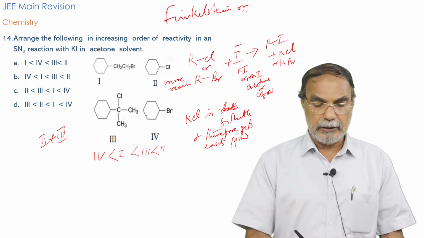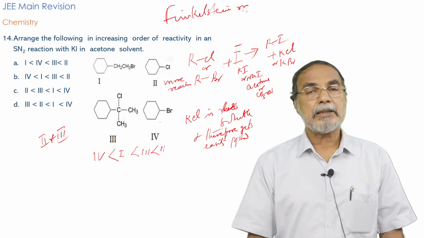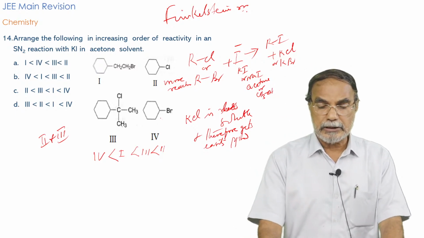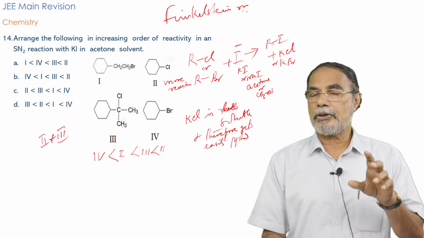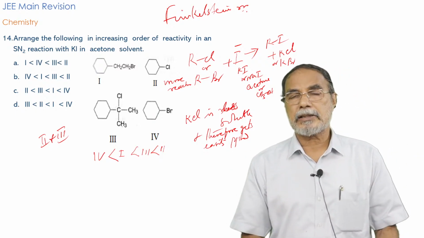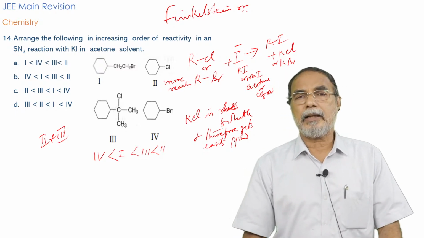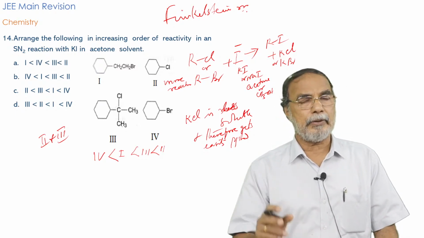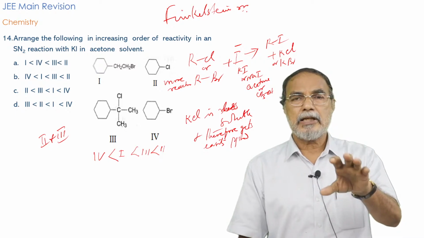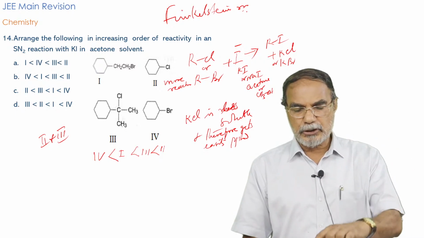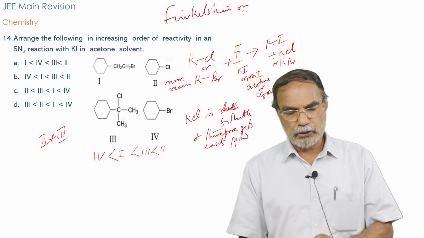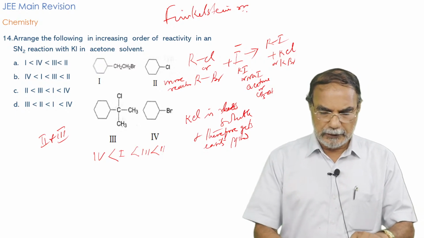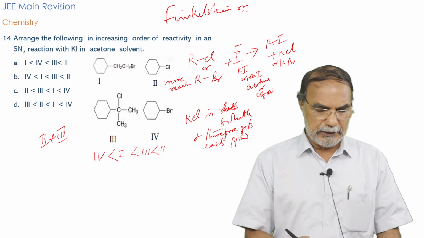So obviously this will be more reactive than this as far as an SN2 reaction is concerned, because in an SN2 reaction the transition state is the important thing and steric hindrance is the deciding factor. So the less the steric hindrance, the more the reactivity, and that's why 2 is more reactive than 3, and that's why 1 is more reactive than 4. So the overall reactivity order is 4 less than 1 less than 3 less than 2.